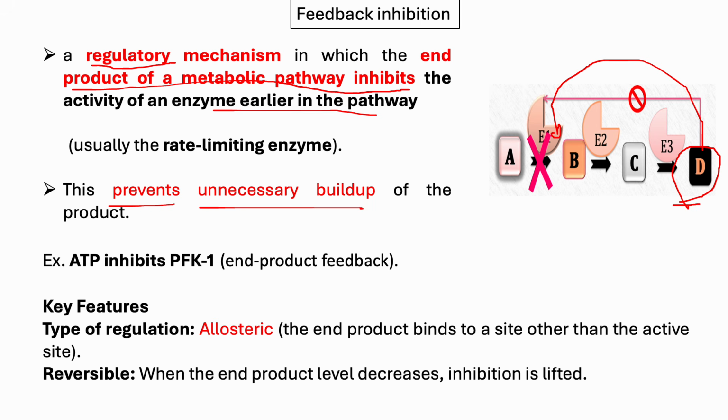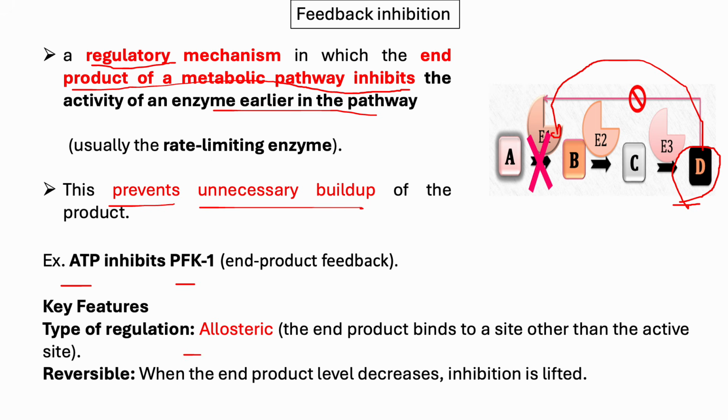For example, ATP inhibits phosphofructokinase, that is the end product feedback. When ATP is produced at a high level, it inhibits the activity of phosphofructokinase 1.